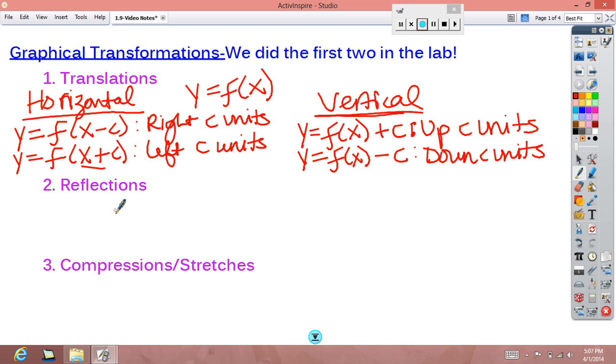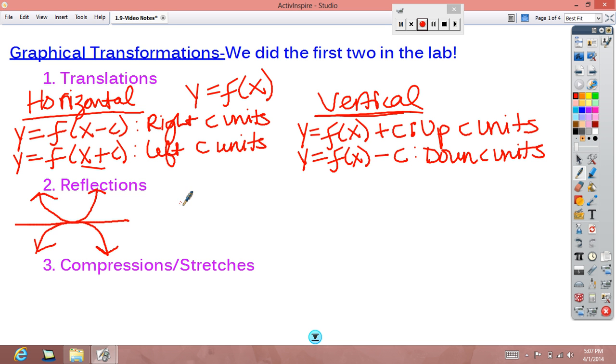And then on the back of the activity that we did in the computer lab today, you saw some reflections, and you should have noticed that most of the graphs that you were drawing looked like this, and then flipped over or reflected over the x-axis. The reason that happens is because of the negative.